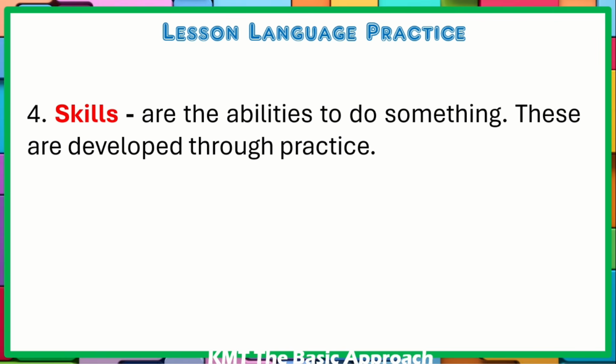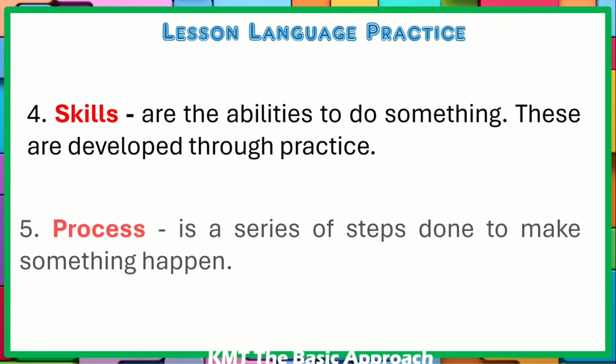Number 4, skills. These are abilities to do something. These are developed through practice. Number 5, process is a series of steps done to make something happen.